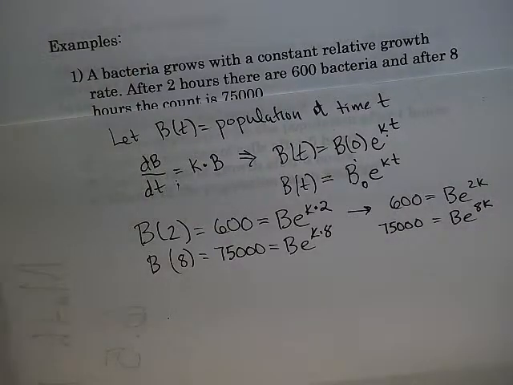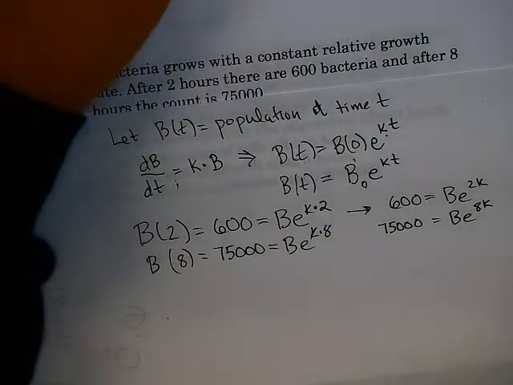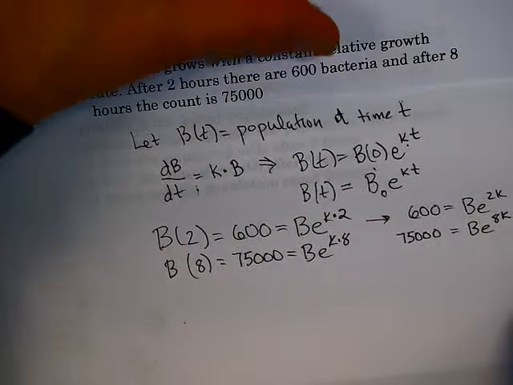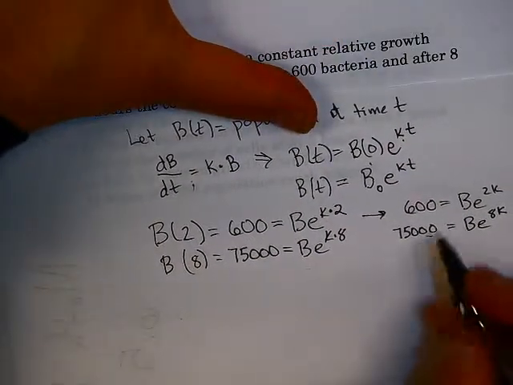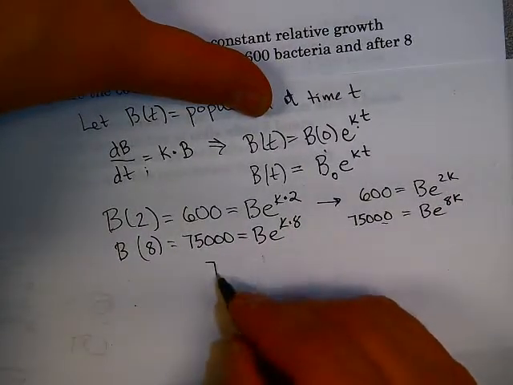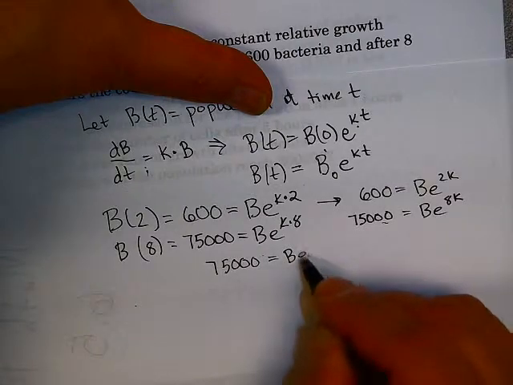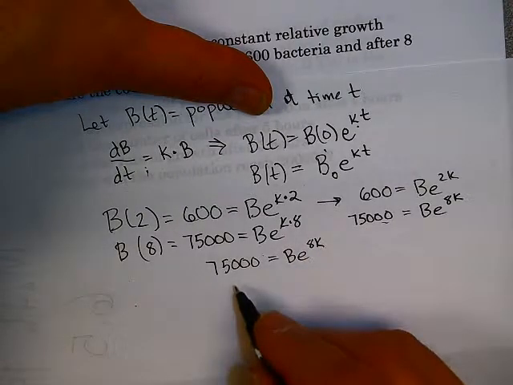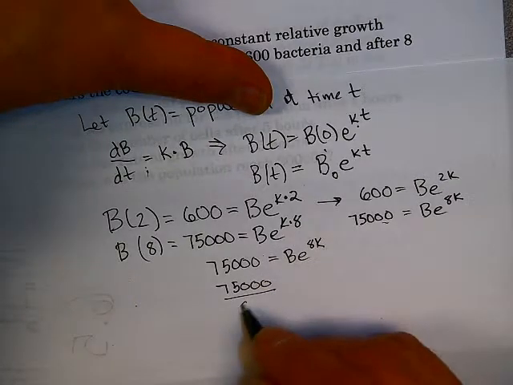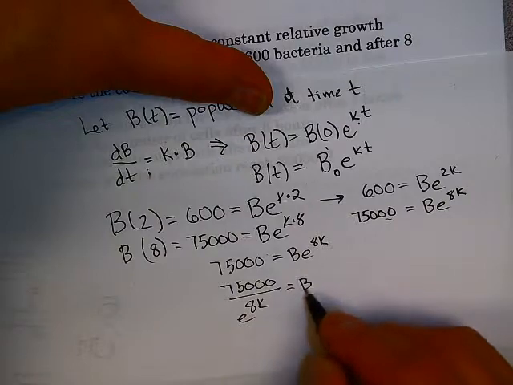How can we solve these? Well, what I would do is something along this line. I might take this second equation here, 7,500 equals B e to the 8k, and isolate for B. Okay, so there I've done that.